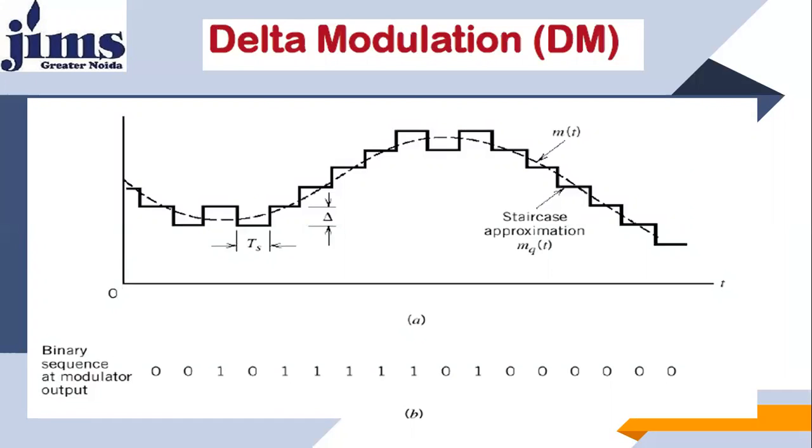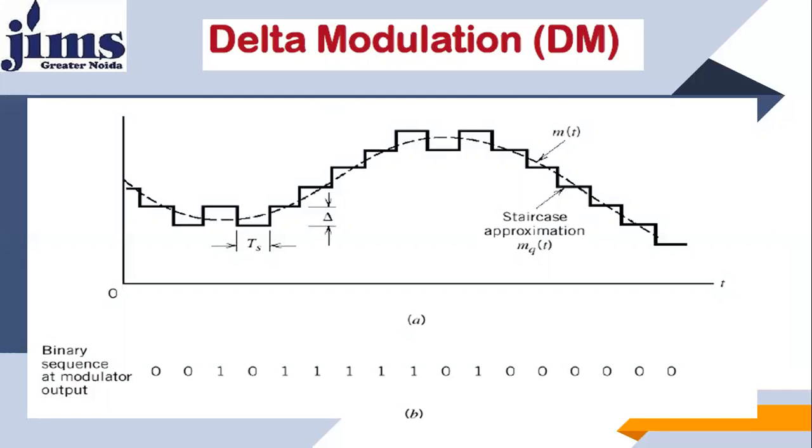But one thing is very important. Every sample is converted into 1 bit instead of the 3 bits that we take in the case of the PCM system. In the pulse code modulation system, the output of the PCM transmitter is 3 bits at every sample.